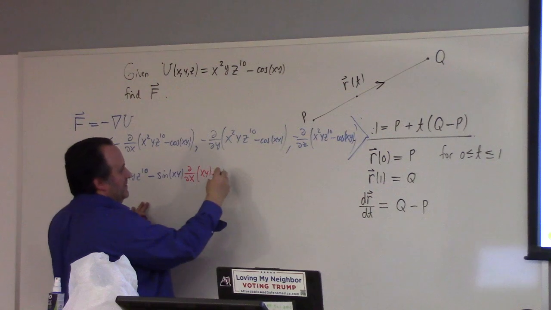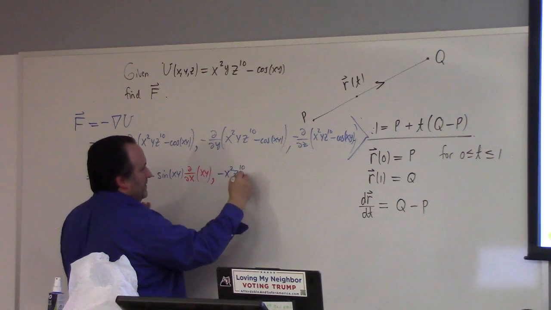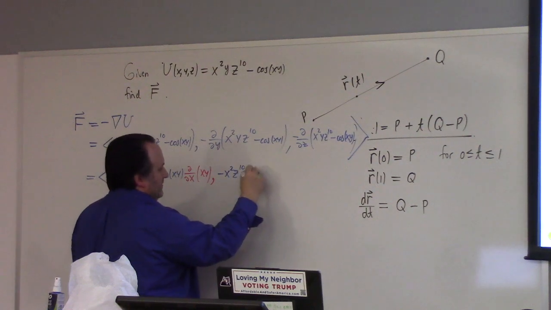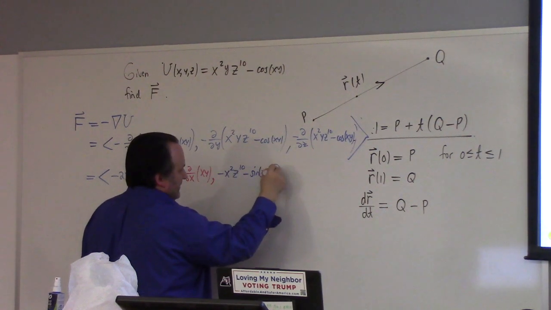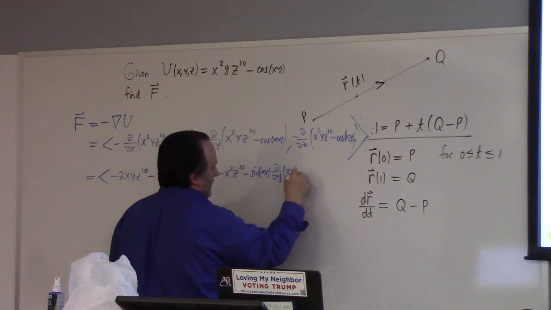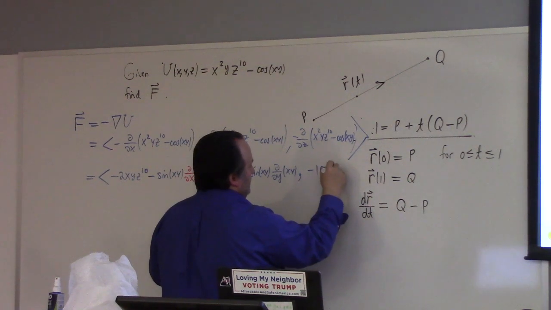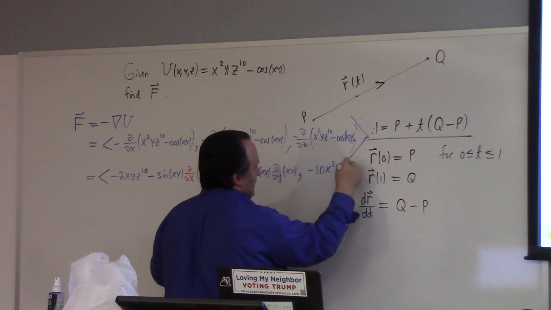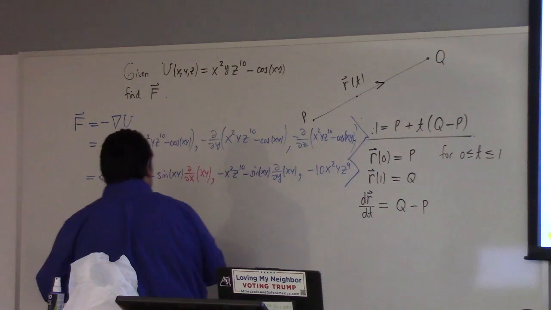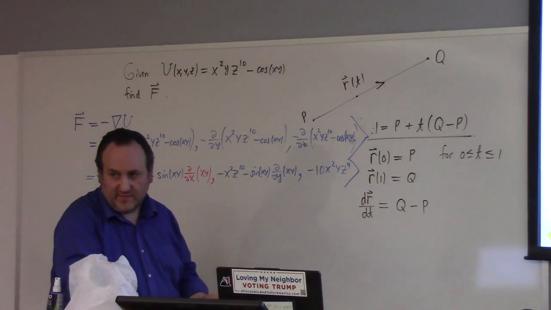Next up here, we've got minus x squared z to the 10th minus the sine of xy, partial y this time of xy. And then over here, we just get minus 10 x squared y z to the power 9. So I've left the two pieces not finished yet.